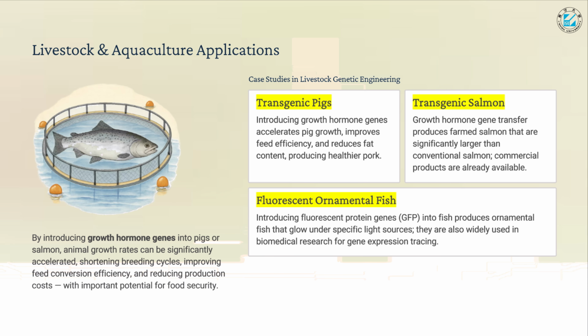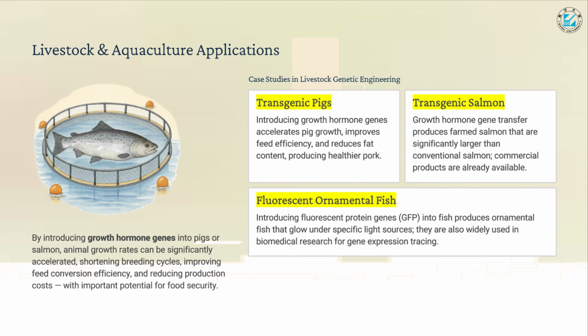Genetic engineering is also used in livestock and aquaculture. By introducing growth-related genes, animals such as pigs and salmon may grow faster, use feed more efficiently, and reach market size sooner. For example, transgenic pigs carrying growth hormone-related genes may show accelerated growth, improved feed efficiency, and reduced fat content.